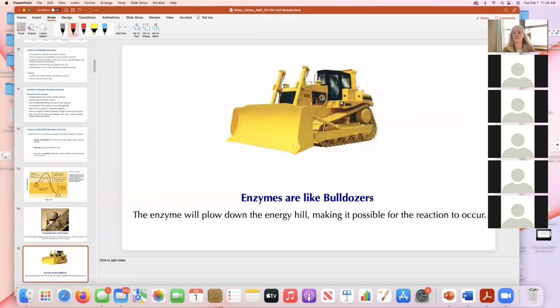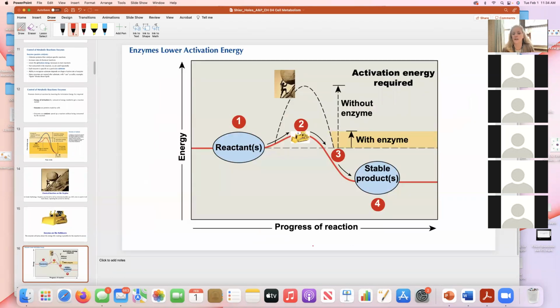But the enzyme comes in, and an enzyme is like a bulldozer, okay? And it's going to plow down that energy hill and make it a whole lot easier for you to get over that hill. So here you are with your reactants trying to get up over that hill, that Sisyphean task, and you can't do it, but along comes your enzyme with its bulldozer, and it plows this hill all the way down here.